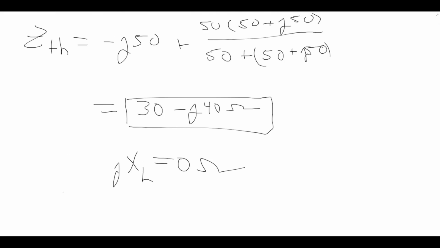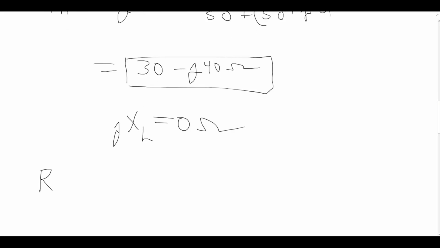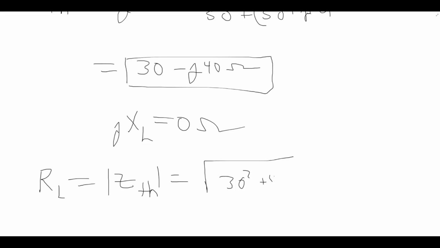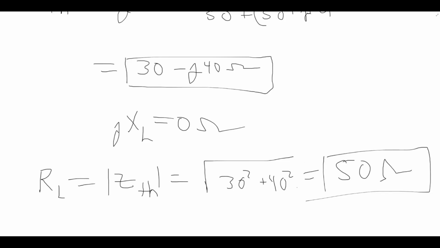So our load resistance is going to be equal to the magnitude of our Z Thevenin, which is the square root of 30 squared plus 40 squared, giving us 50 ohms. This is going to be our load resistance to find the maximum power.